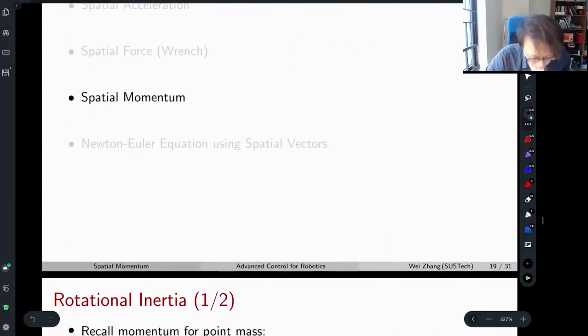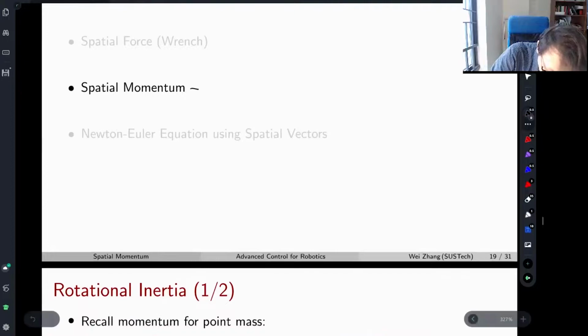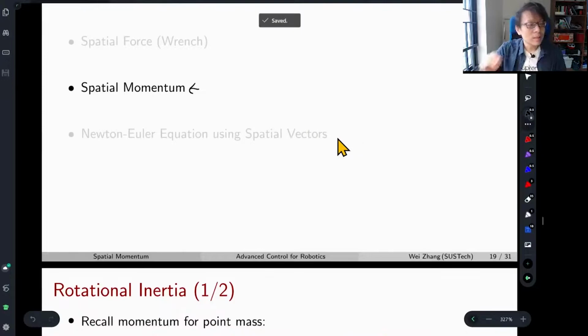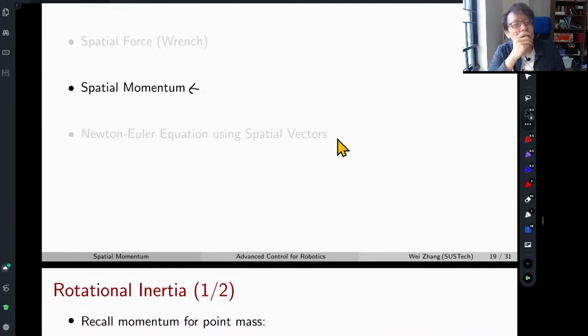Now let's move on to the next important topic, which is the spatial momentum. I'm not sure of your background, but some students often do not have a solid understanding of the inertia matrix, or even moment or momentum.